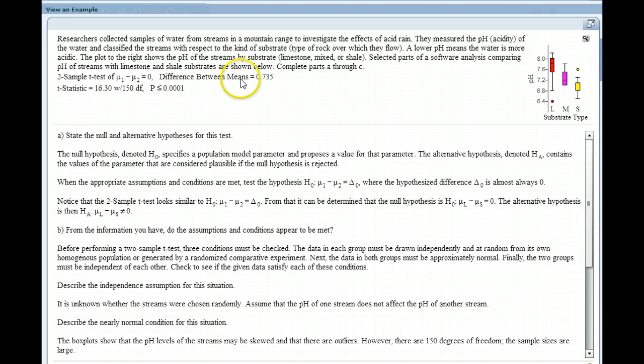The difference between the means that was found was 0.735. The t statistic was 16.30, and the experiment was done with 150 degrees of freedom, producing a p-value that was less than 0.0001. So that's sort of the background behind the information that we have.